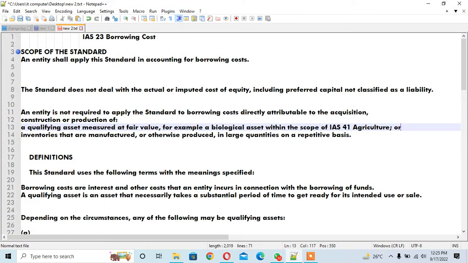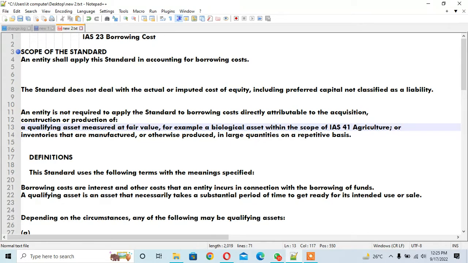Hi, how are you? Today we will discuss IAS 23 borrowing cost because a lot of people have problems in the recognition of the interest charges, the cost of the debt, which you call the borrowing cost.